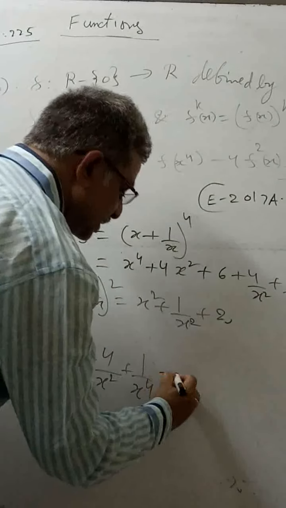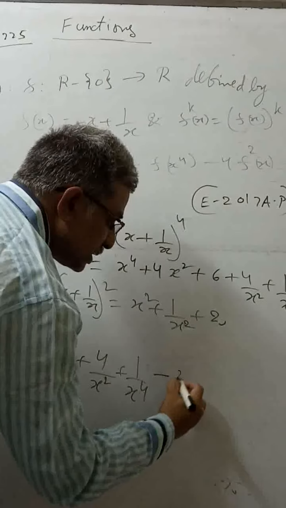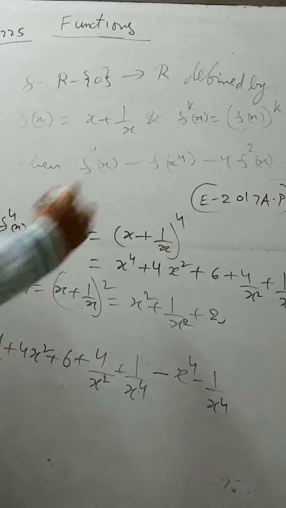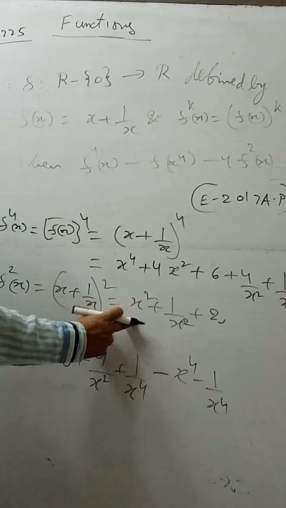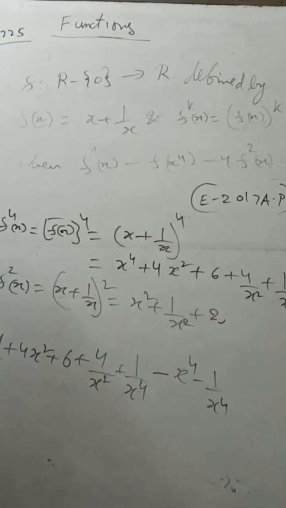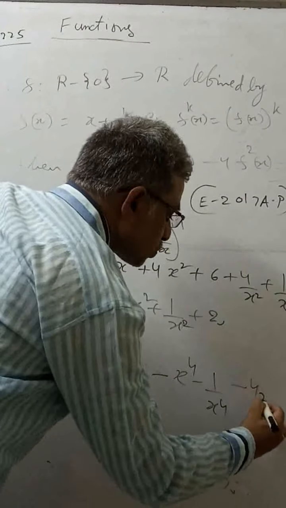Next, minus f of x power 4 means substitute x power 4 in place of x. That is x power 4 minus 1 by x power 4. Next, minus 4 into f of x square. So this into 4 is the same. So what do you get? 4x square, minus 4 into this means 4x square minus 4 by x square minus 4 into 2, which is minus 8.